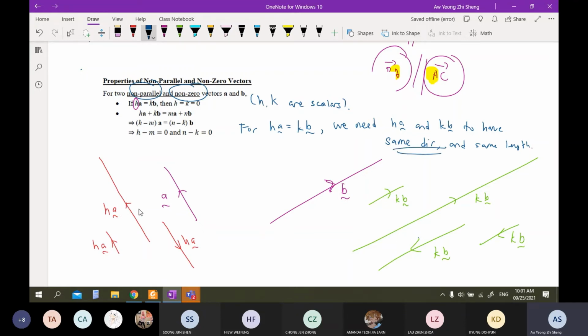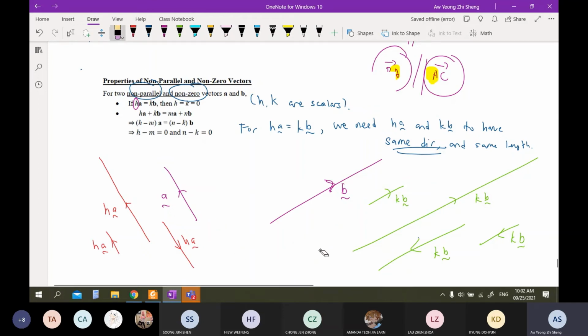So if you compare HA and KB, the red color with the green color ones, how do you make them have the same direction? As long as H is not 0 and K is not 0, it's impossible for your red and green vector to have the same direction, because one is slanted this way, the other is slanted that way.